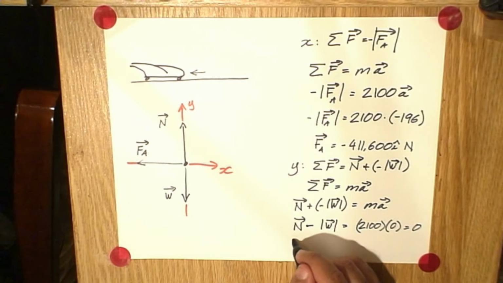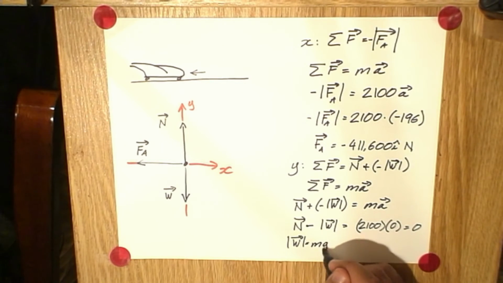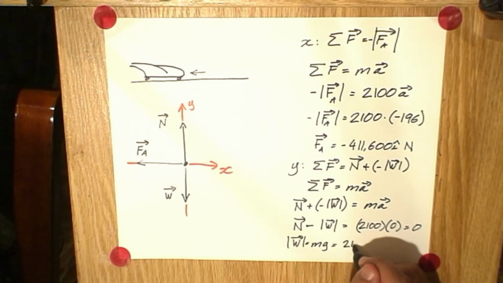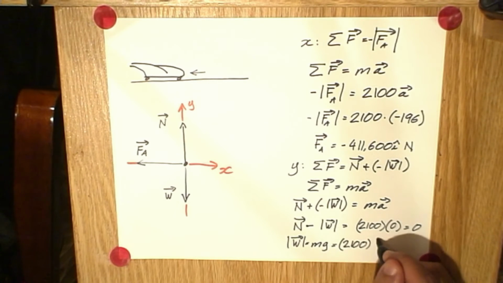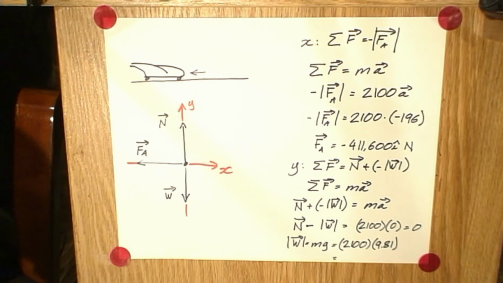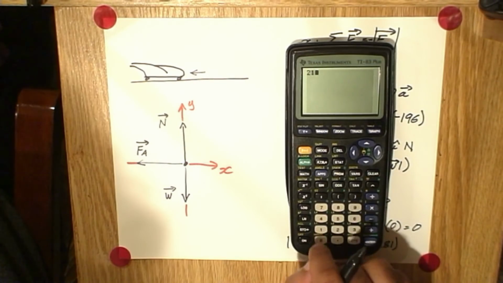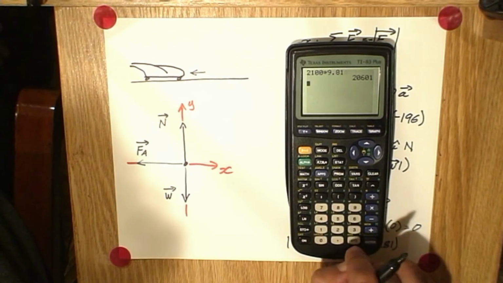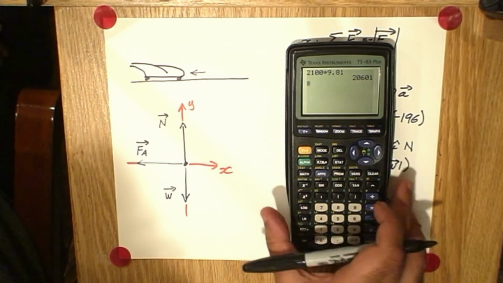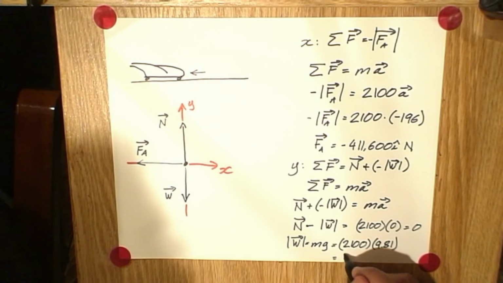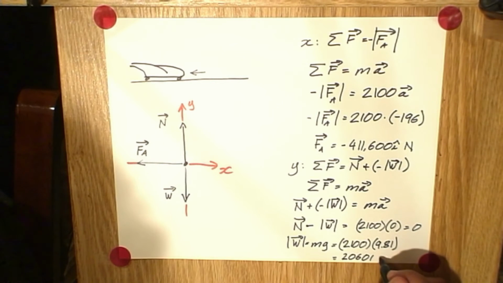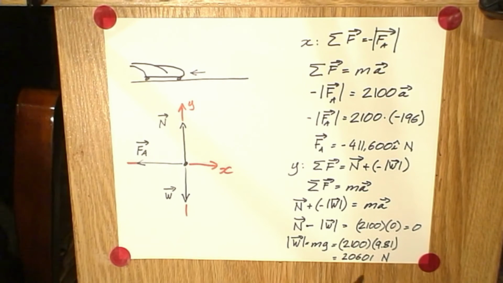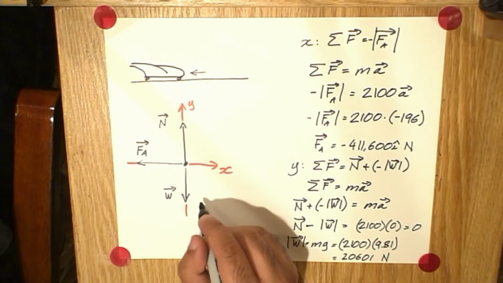How big is the weight? The weight is given by mg, that is mass, 2100, times g, 9.81. And that works out to 20,601 newtons. So I'm going to write this over here.